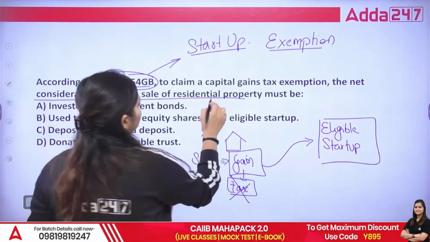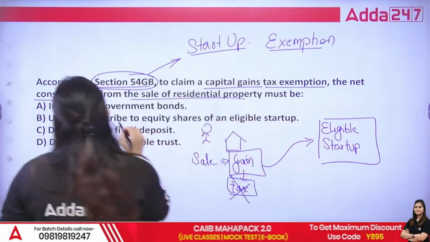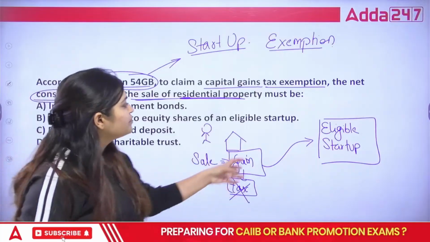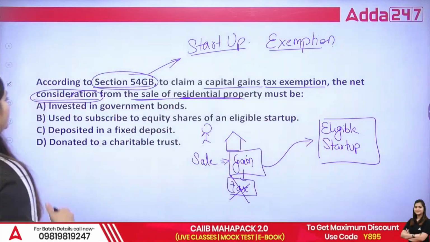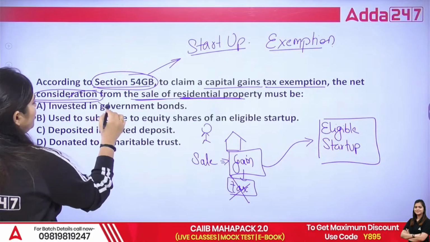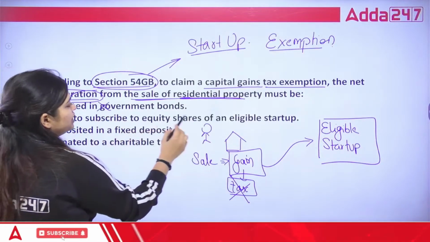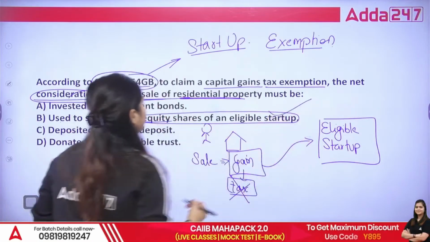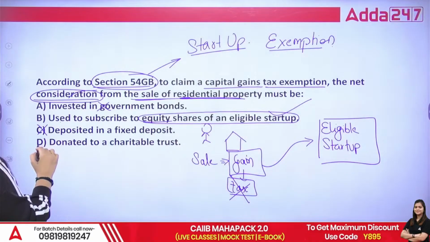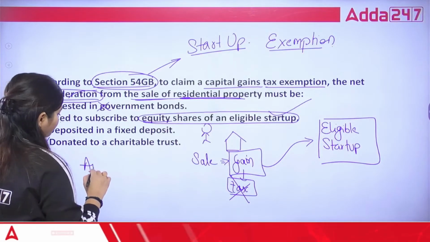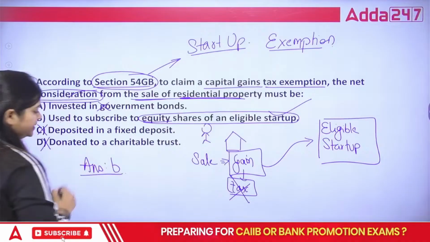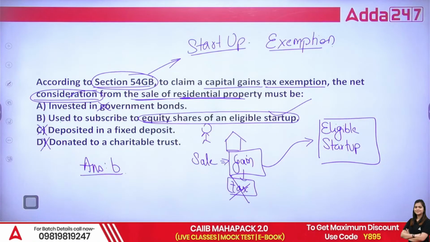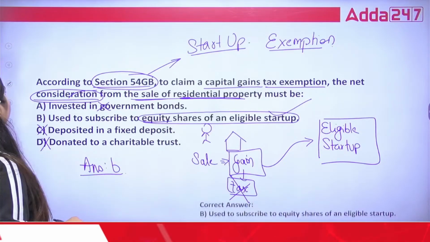To claim a capital gains tax exemption, the net consideration from the sale of residential property must be invested in some eligible startups. Government bonds? No. Used to subscribe to equity shares of? Yes, equity shares of eligible startups. This is the correct statement. Not in a fixed deposit, not in a charitable institution. The correct answer is your answer B. Yes, this is a tax exemption given under your startup provisions.